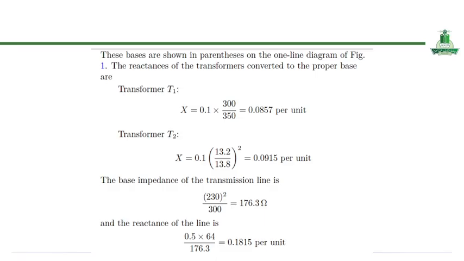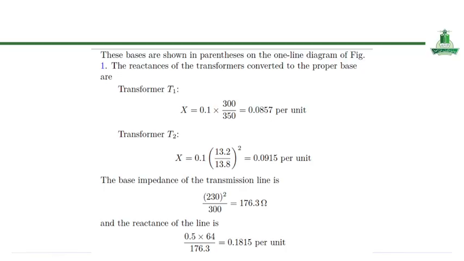Correct. This slide explains how to convert the reactances of system components into a common per unit base, which is essential for simplifying power system analysis. First, the reactance of transformer T1 is adjusted based on the new base power, showing how impedance scales with the ratio of base MVA, resulting in a value of 0.0857 per unit.